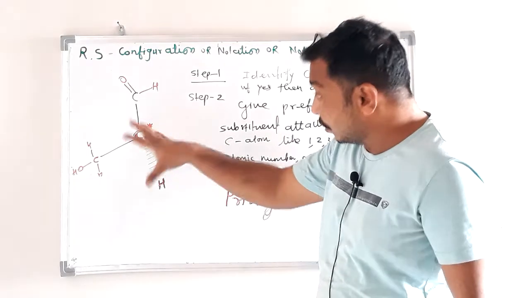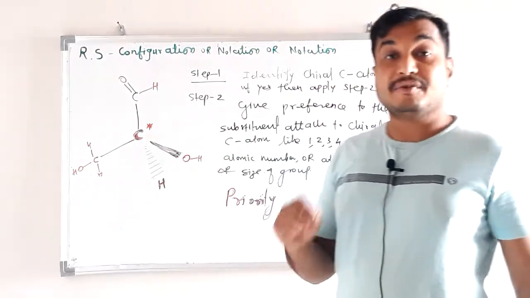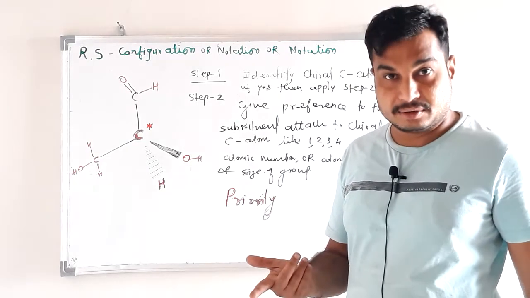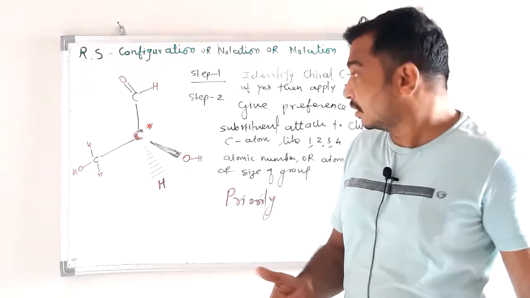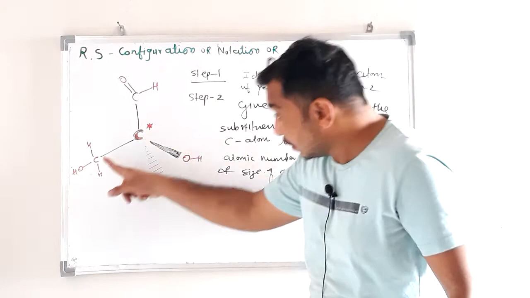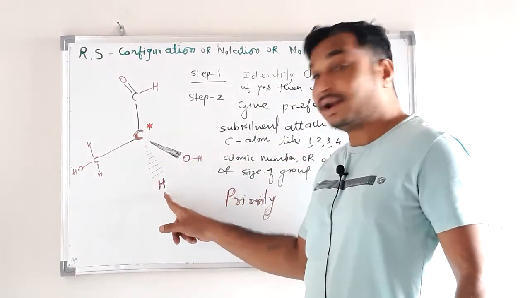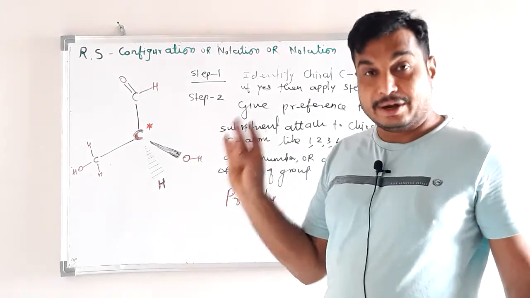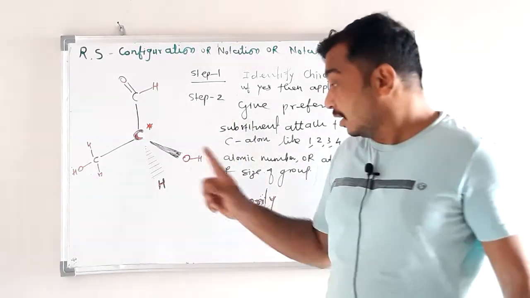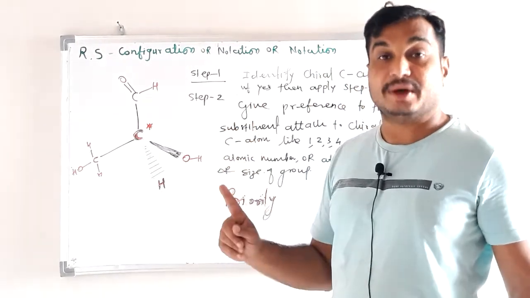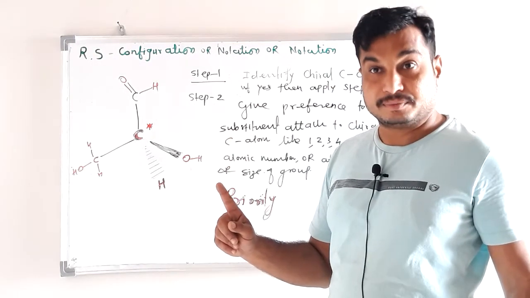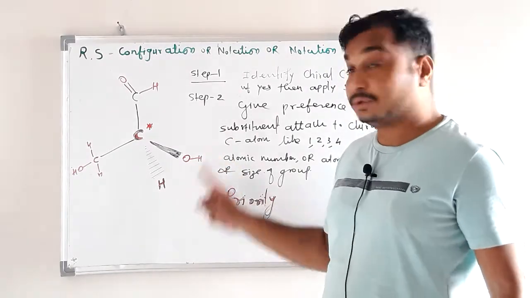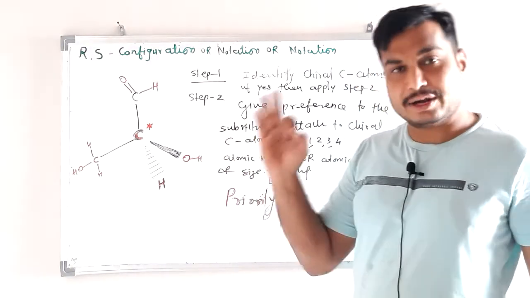Among these 4 atoms, which has the larger atomic number, more atomic weight? Carbon, oxygen or hydrogen? Atomic number of carbon is 6, oxygen 8, hydrogen 1. So which is more? 8. So the oxygen atom of the OH group has the highest atomic number.